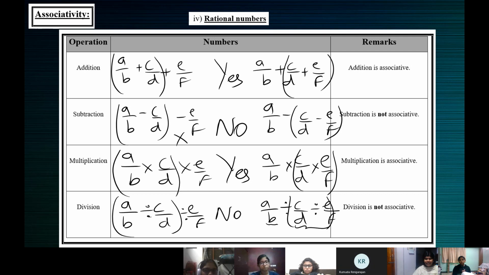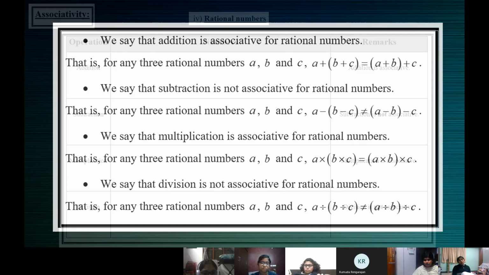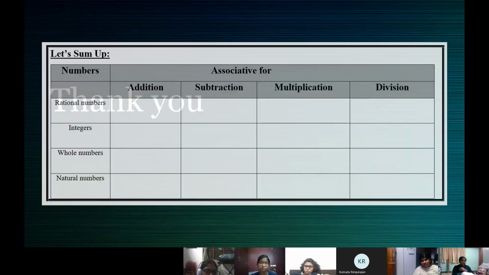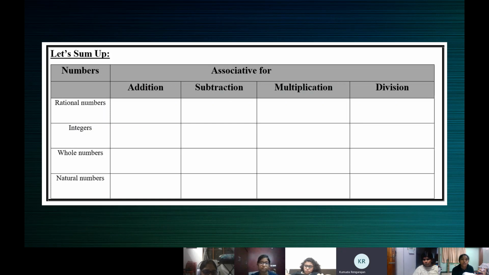If you group the first and second, and then the second and third, and perform these operations, it will work only for addition and multiplication, not for subtraction and division. You will get different answers. I'll show you all the three slides now. This is summing up for associative property.